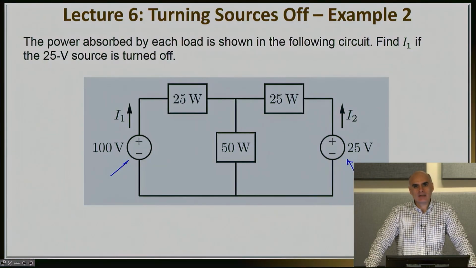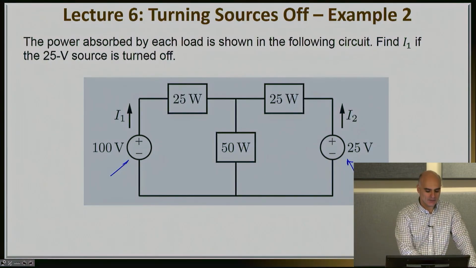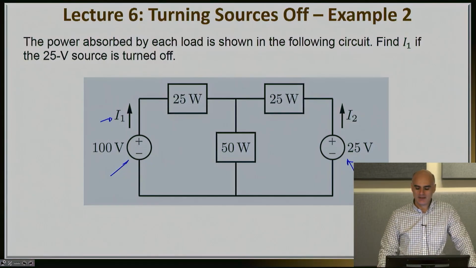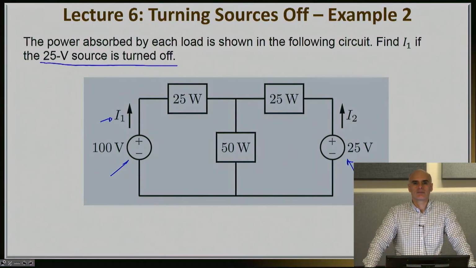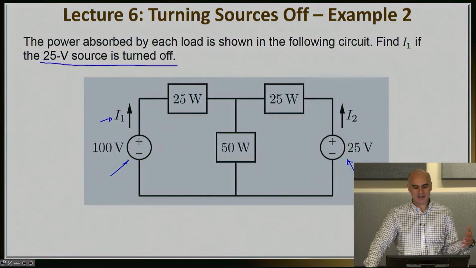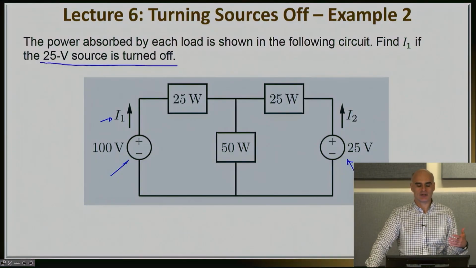What we would really like to do here is find the value of this current I1 if my 25-volt voltage source is turned off. So you may have this in a real-life situation, so let me make it slightly more practical. You basically have three devices that you are powering through two different sources, and somebody asks a what-if scenario.